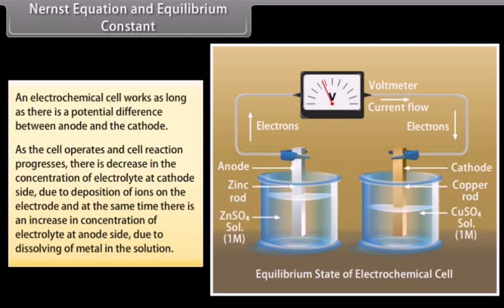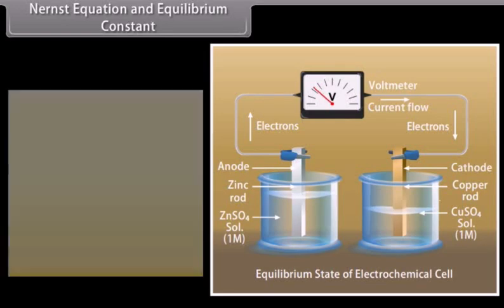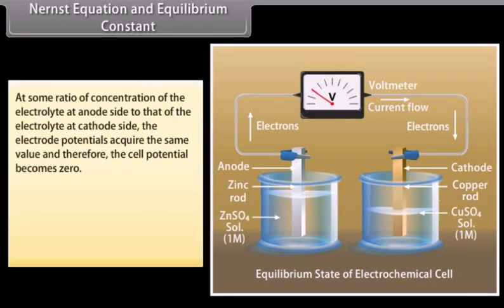Consequently, the electrode potential of the cathode decreases and that of the anode increases with the passage of time. Ultimately, at some ratio of the concentration of the electrolyte at the anode side to that of the electrolyte at the cathode side, the electrode potentials acquire the same value and therefore the cell potential becomes zero.